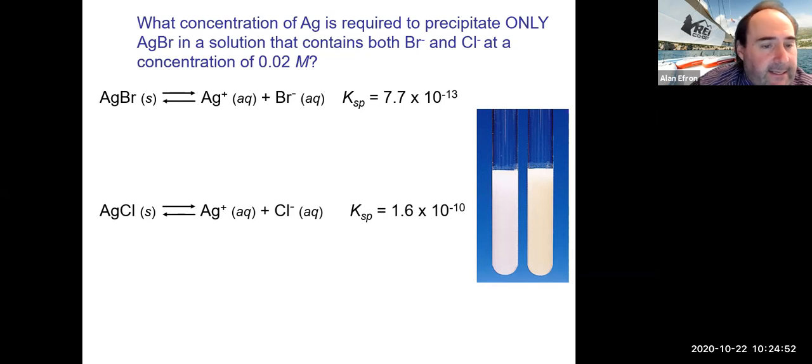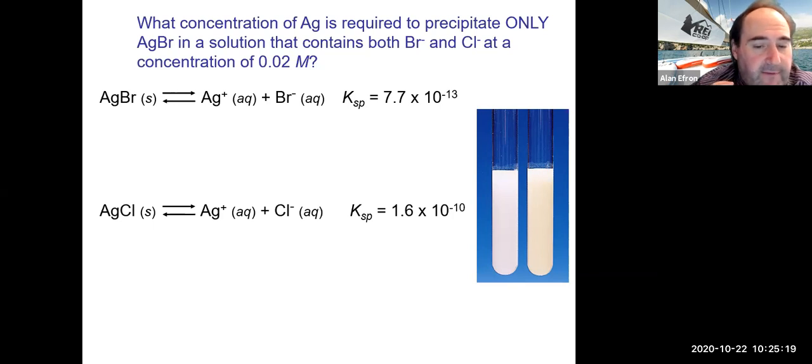And the idea here is, for example, if you did qualitative analysis, you would have literally a test tube of a bunch of different ions floating around in the solution. And your goal is to identify what ions are in the solution. And to do that, you have to be careful with how you proceed.